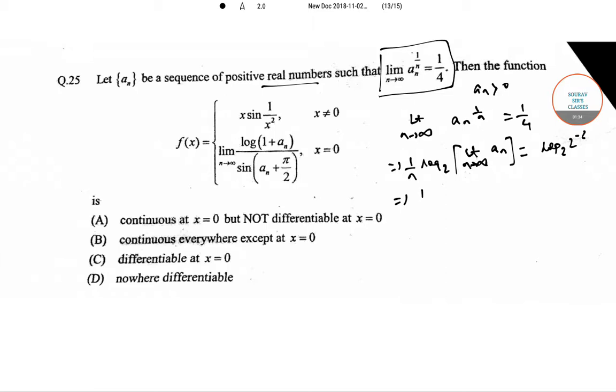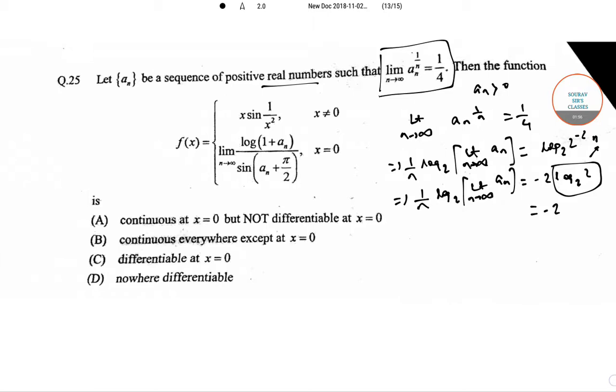From this we get 1 by n log 2 limit n tends to infinity a_n is equal to minus 2 log 2 to the base 2. Now this gives us 1.